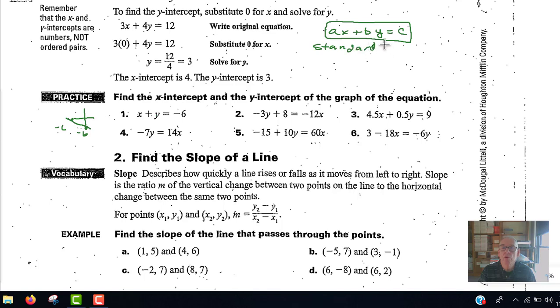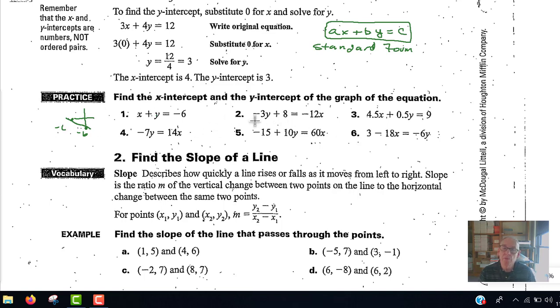So that's standard form. If you're given standard form and you need to do the graph, basically you cover up the x part and find out what the y has to be. Then you cover up the y part and find out what the x has to be to make it work out. And you've got your 2 intercepts, you plot them, and you draw the line.